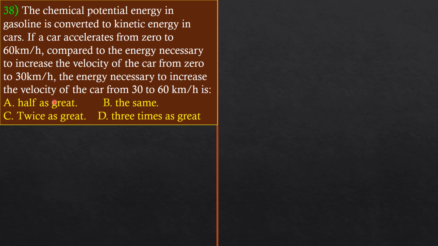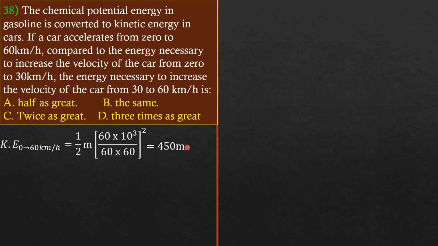So our kinetic energy, which is necessary to take it from 0 to 60, is 1/2 m times the velocity. In this case, guys, we start with that necessary to bring it from 0 to 60, as 60 times 10 raised to the power 3, all that squared over 60 times 60, which simplifying gives us an answer of 450 m.